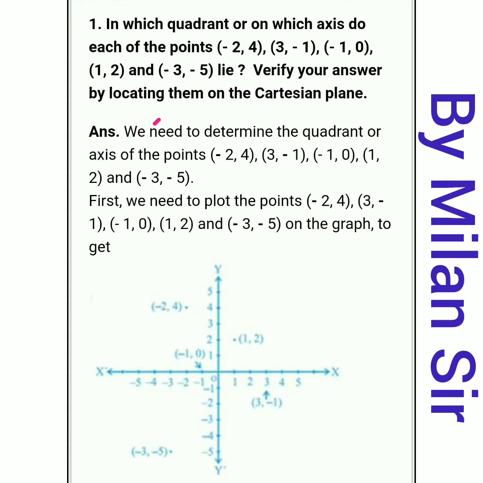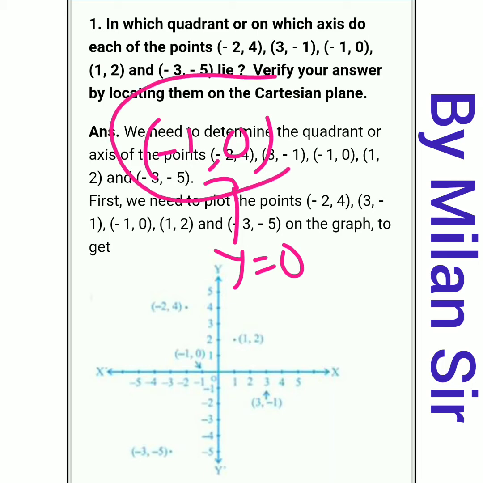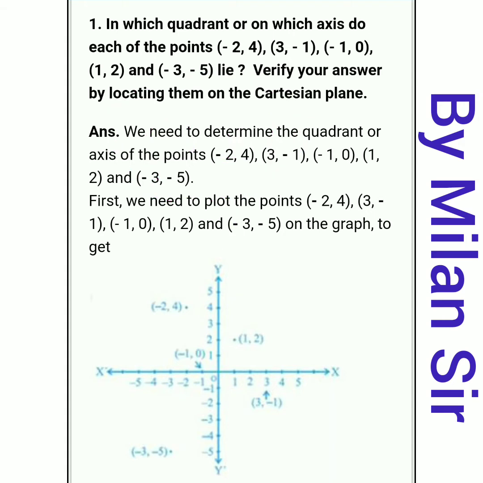Then (-1, 0). Here our y coordinate is 0, right? If our y coordinate is 0, then this point lies on the x axis. Then (1, 2), here both have positive sign, so this point lies in the first quadrant.